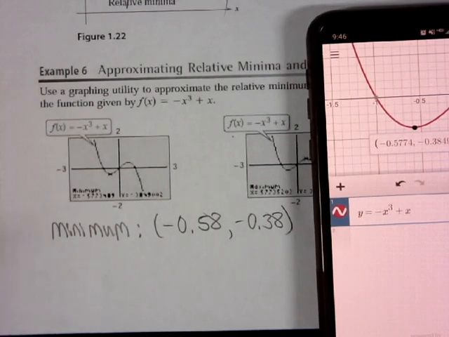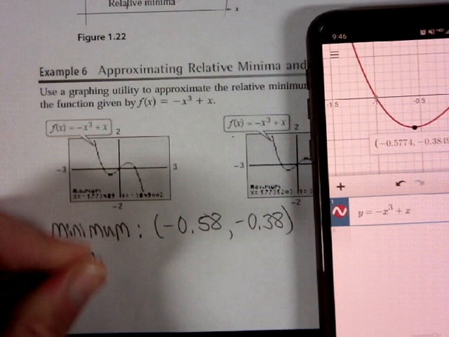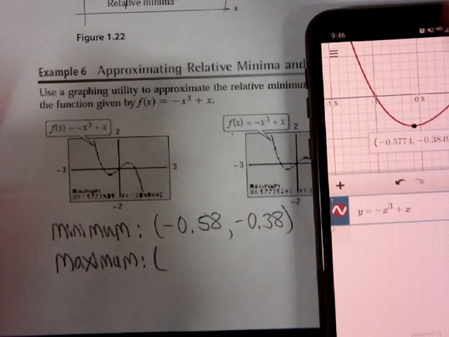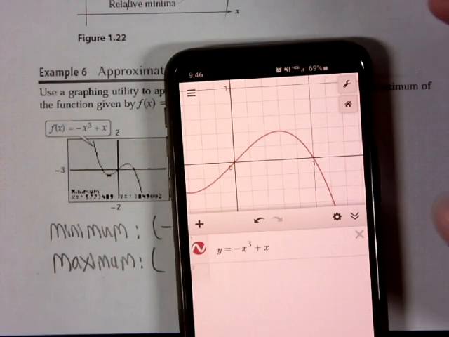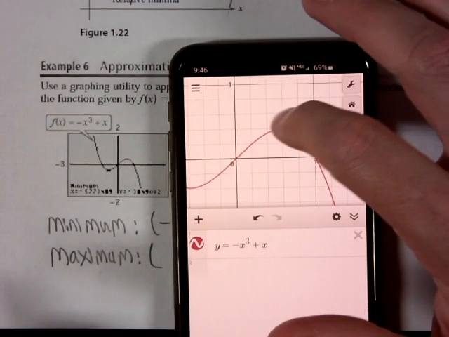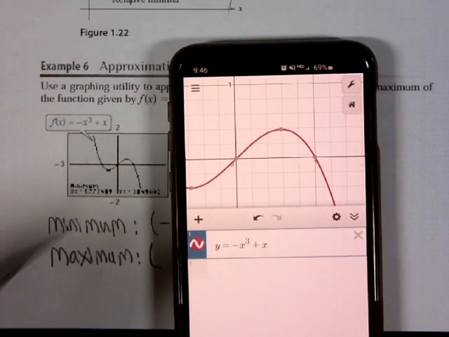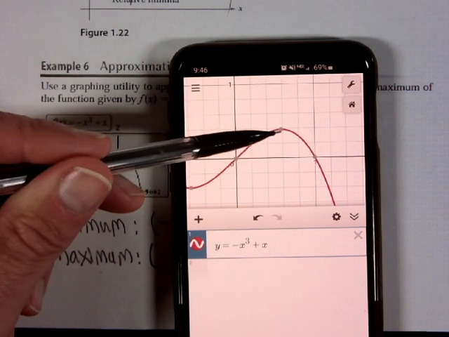We also need the maximum. For the maximum, same thing. You can zoom it back out and bring it over here. There's where my relative max is. Let me tap on the graph. It brings up the points of interest: x-intercept, y-intercept, and the maximum.